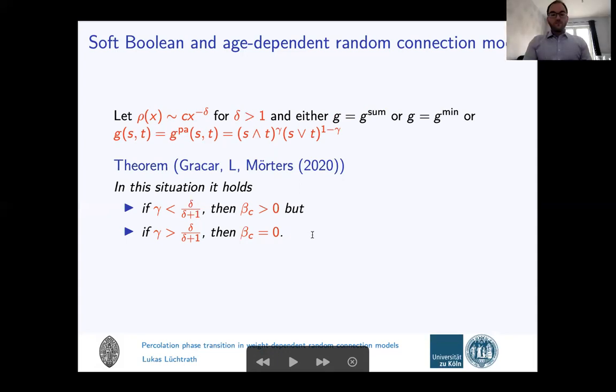Why is this happening? Shortly, in two words: if you want to build an infinite path, you need a strategy to go from a powerful high degree vertex to an even more powerful degree vertex. But we are embedded in space, so these very powerful high degree vertices are typically far apart.